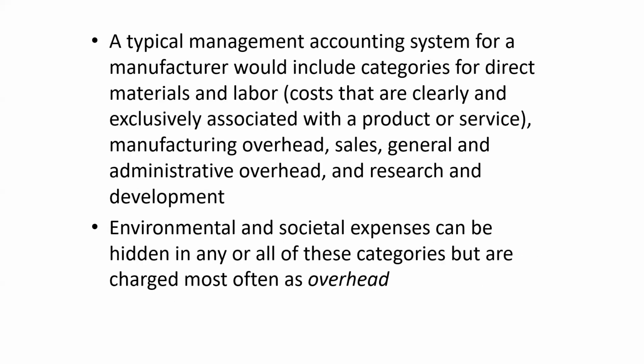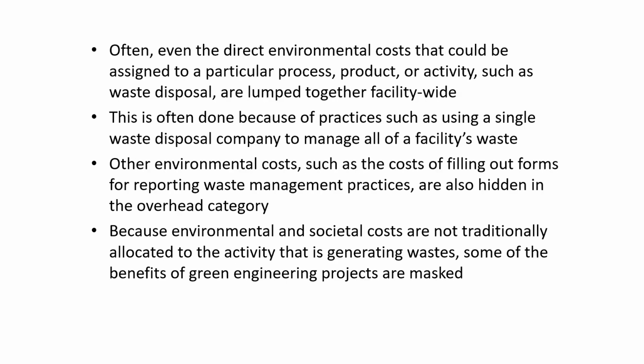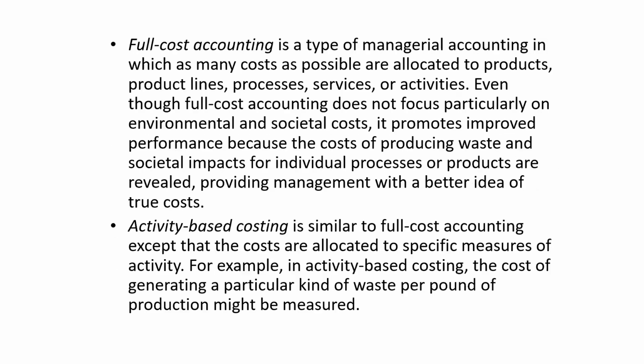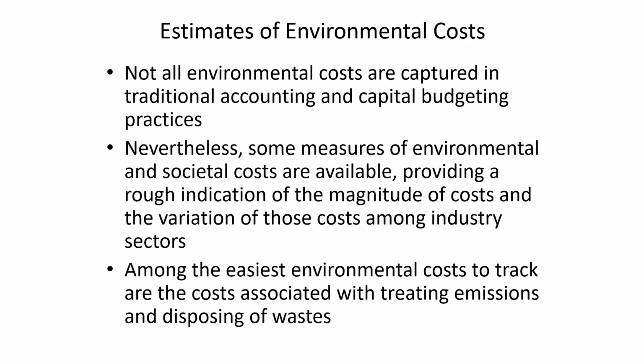And then you look at a typical management accounting system. You look at your material, labor, and other things associated with that. That you need to look at as well. Then environmental and social expenses. So as you can see, a variety of things can be done.